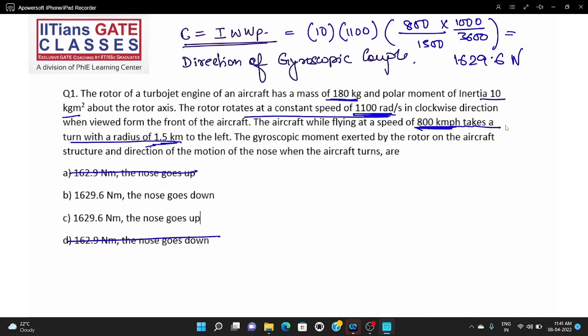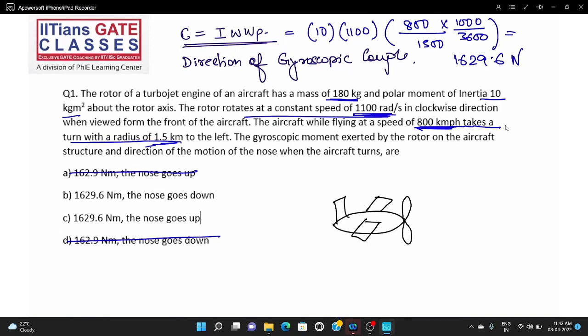So, if I see the aircraft, let me say this is the aircraft. These are the blades, tail, and the wings of the aircraft, right?